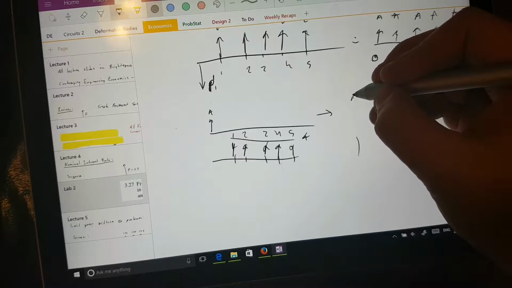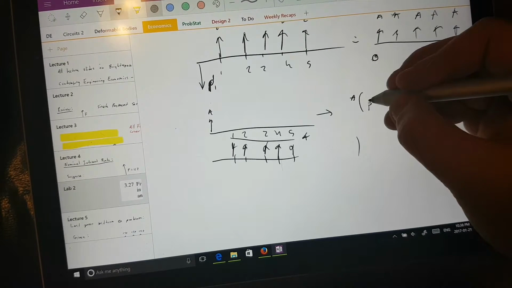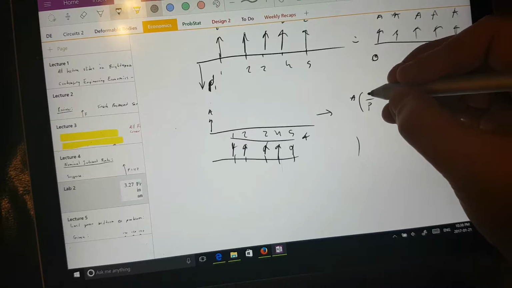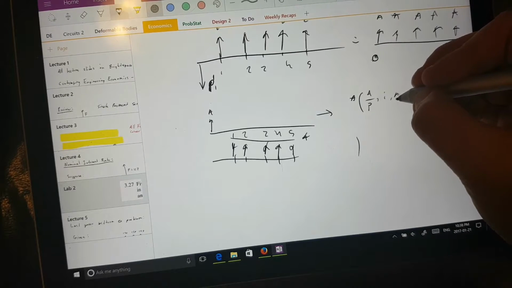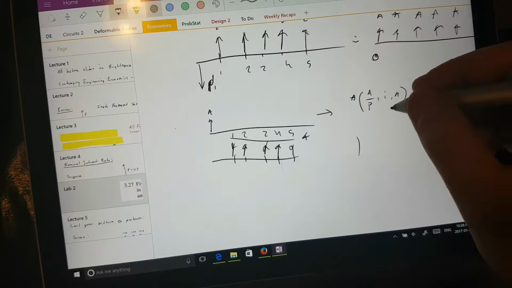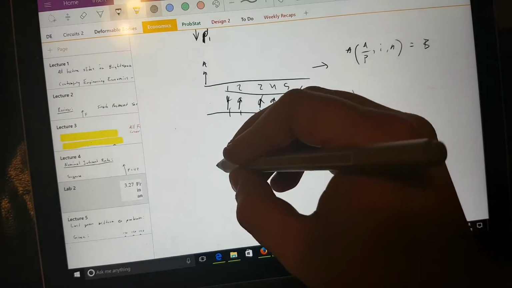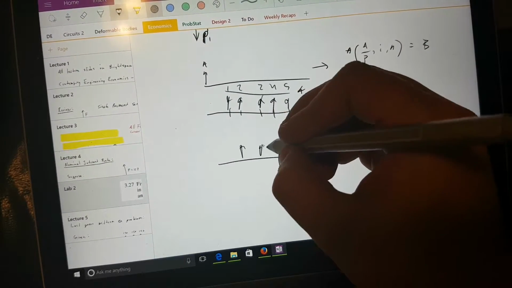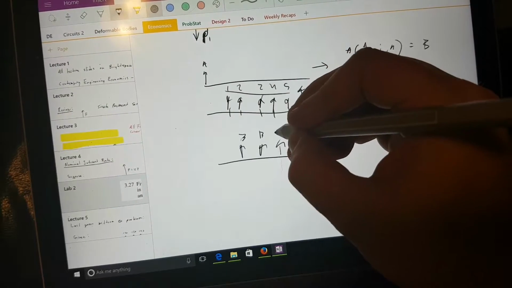So this is going to say A is the present value times A over P, I, N. That's a number I can get. I'll call that B, and then so that'll give me a one with, it's called 2, 3, 4, 5. This will be B.